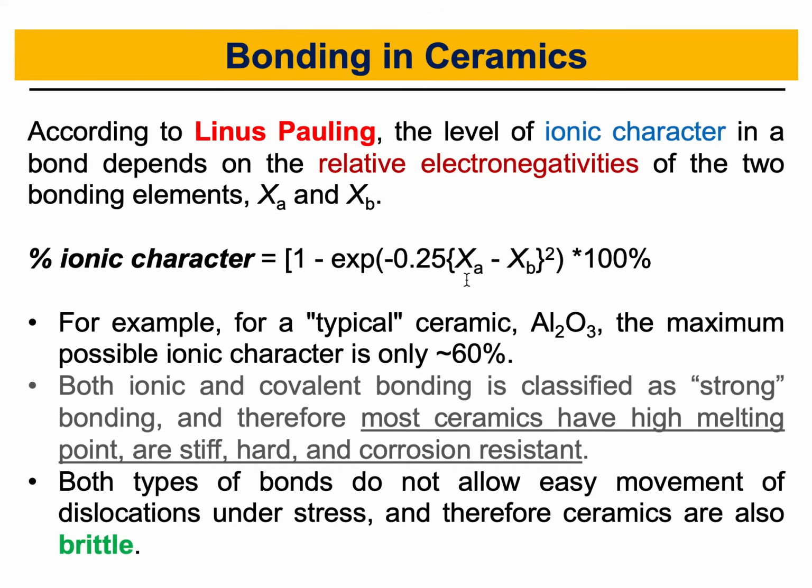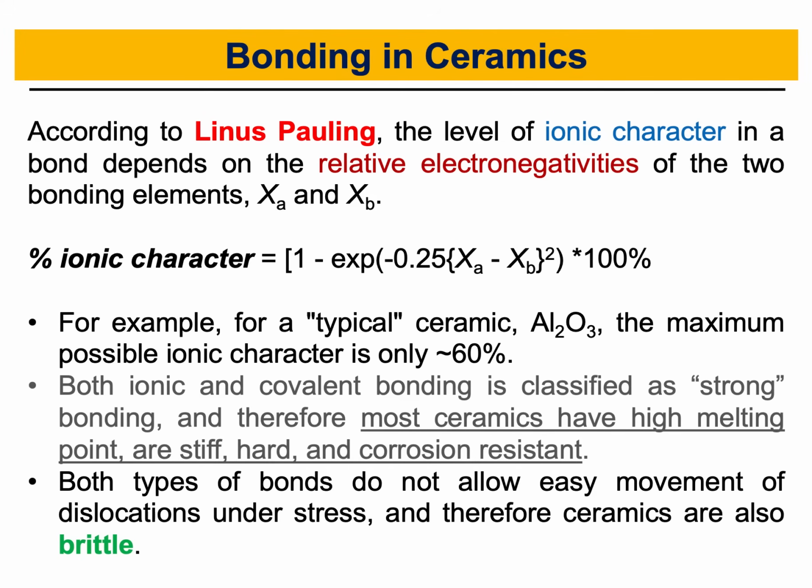A and B are the elements that create my ceramic, and the x's are the relative electronegativities, and you can get a number. For example, for aluminum oxide, the maximum possible ionic character is only 60%. So 60% of the bonds are ionic, while 40% are covalent.